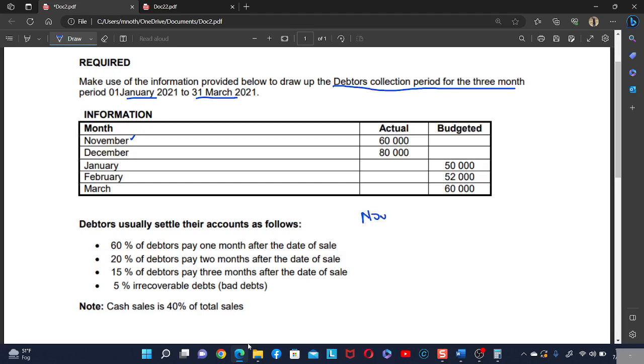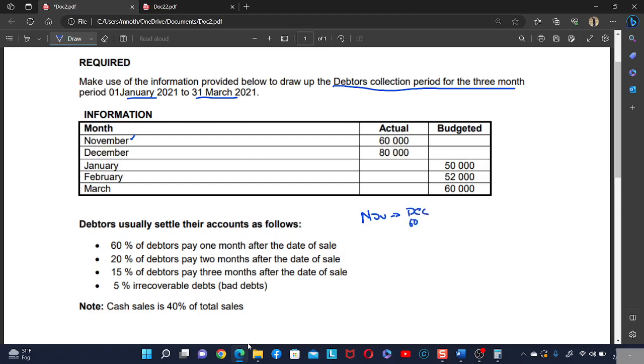So they said that 60% of debtors pay 1 month after the date of sale. That will mean that 60% of what was sold in November will be paid in December.